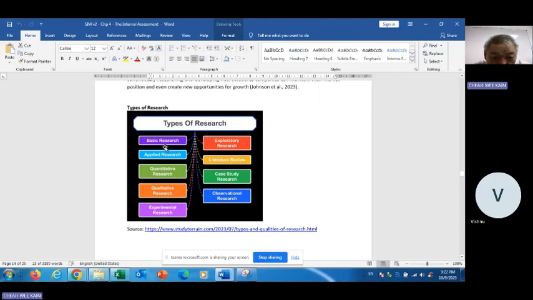Next, here comes the applied research. Okay, so from basic research, we found that this particular flower is very good for cough. We apply the research. What type of cough? A cold cough, a warm cough, a cancerous cough? So we will apply that leaf to the various types of cough.